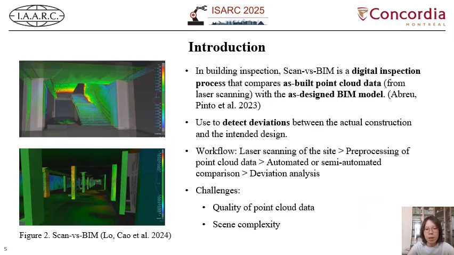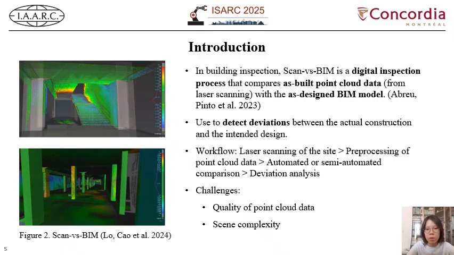After we obtain the 3D reconstructed model, or point cloud data, we can perform scan versus BIM process, which is a digital inspection process that compares the as-built point cloud data with the as-designed BIM model. Usually this is used for detecting deviations. You can see from figure 2 where the point cloud is aligned with the BIM model, and the deviation is shown in a different color range, where red indicates major deviations.